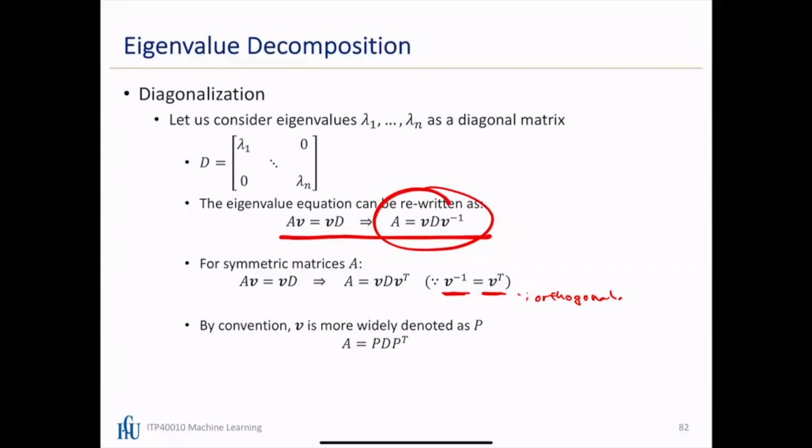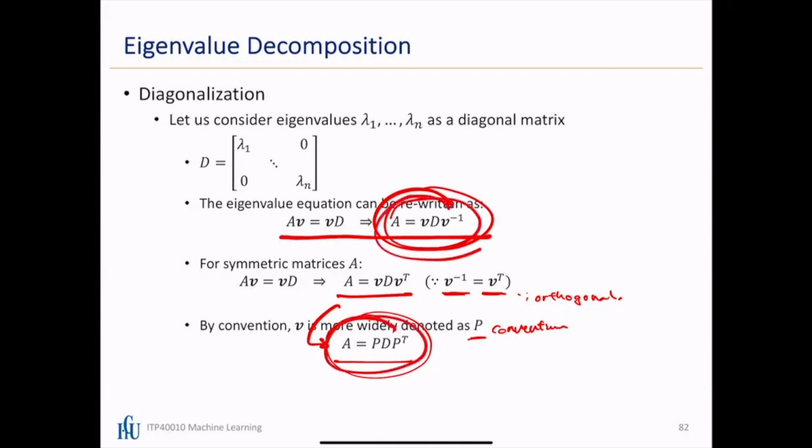And when my vector set is orthogonal, like we discussed in the earlier slide, this is just convention, we normally write them using P. So A equals B D B inverse can be rewritten as A equals P D P transpose.